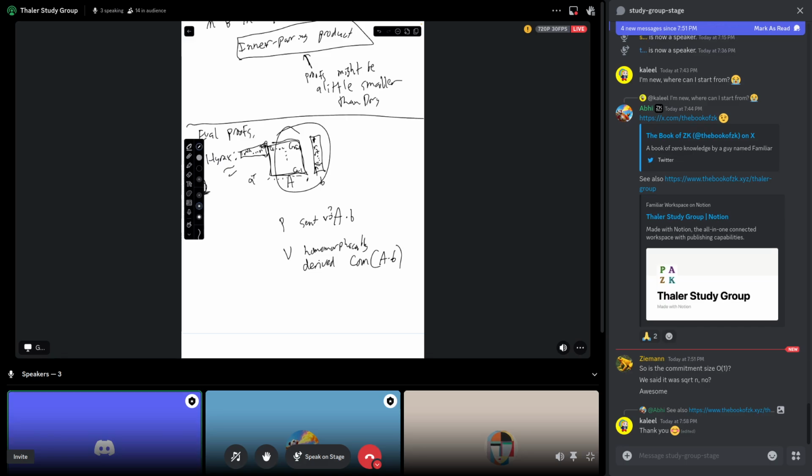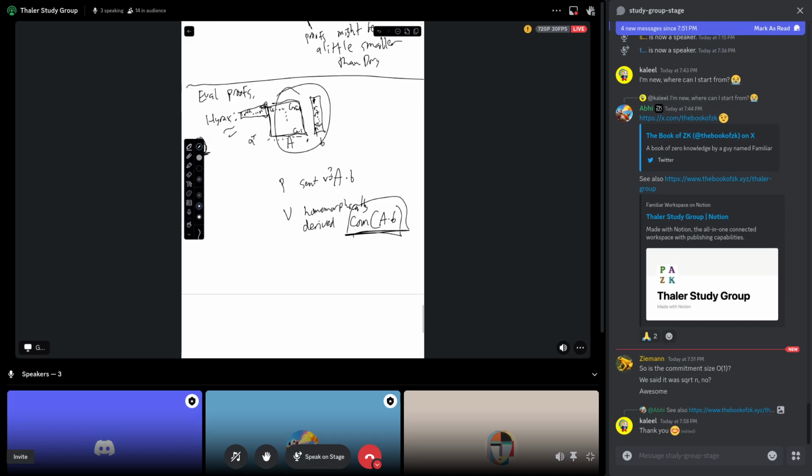There were one per column, and A times b is a linear combination of the columns. So the verifier, using homomorphism, can derive on its own a commitment to the linear combination of the columns, and then confirms that this little v, which is claimed to equal capital A times b, indeed opens that commitment.